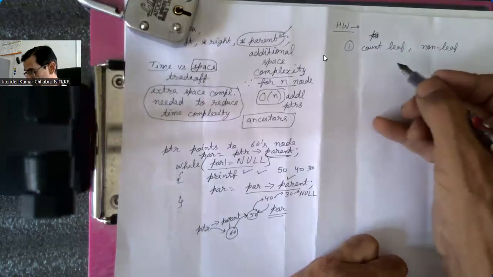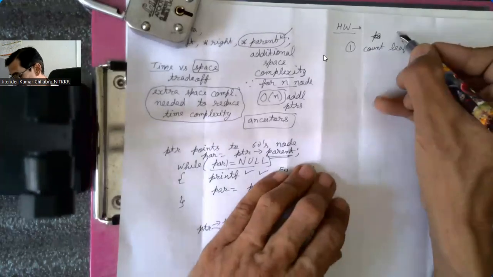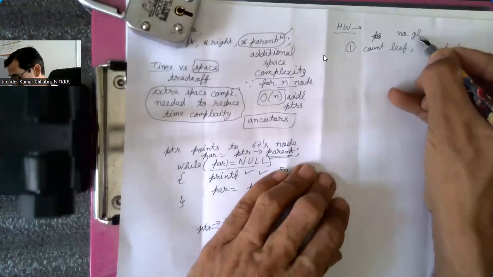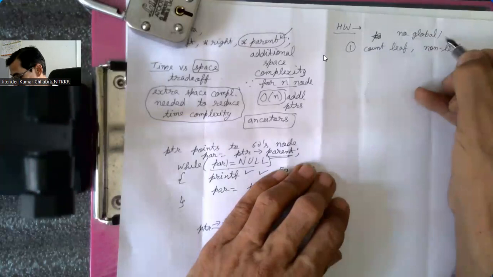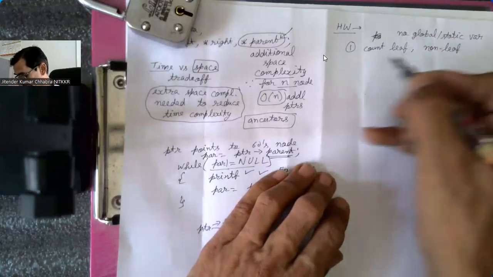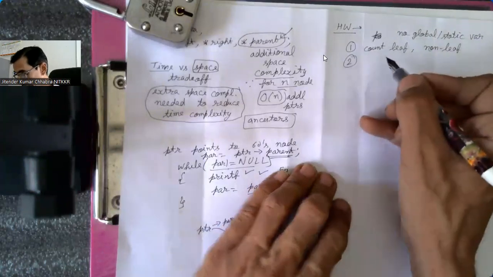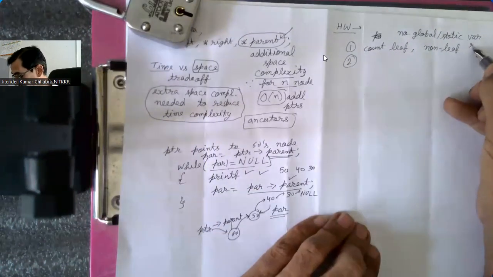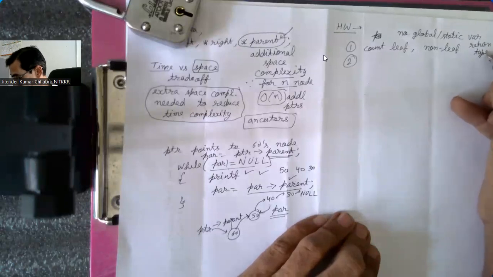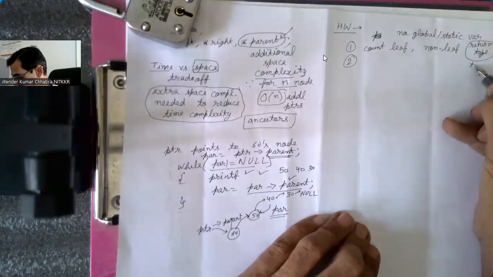Use return type and no global, no static variables. Use recursion to do that work, and the recursion's return type should be used to contribute.